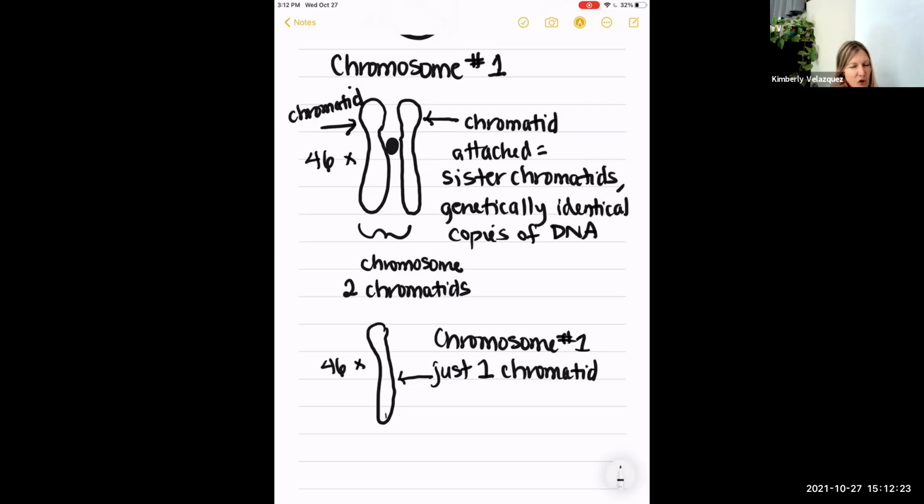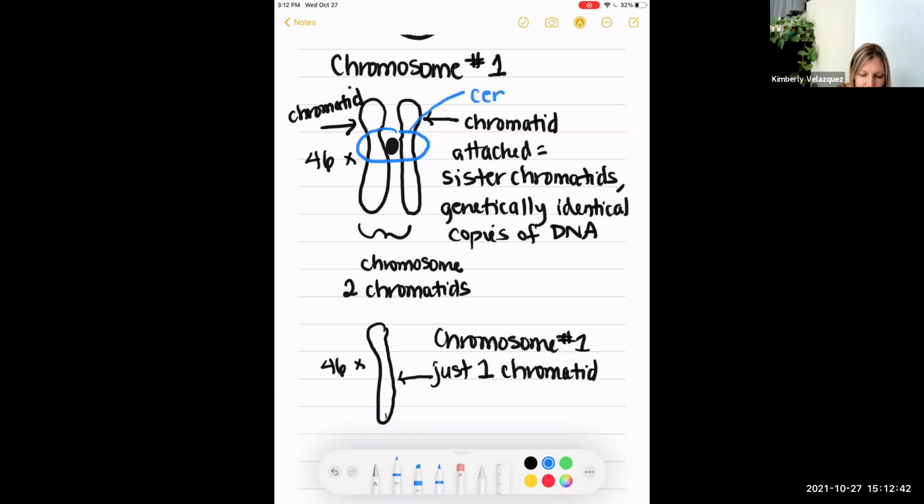When a chromosome is drawn, you usually have this little constricted area here where we show the two chromatids attached to each other. And that is called the centromere region of the chromosome. So this region right here, where it's a little constricted and we show them attached, that's the centromere region of the chromosome.